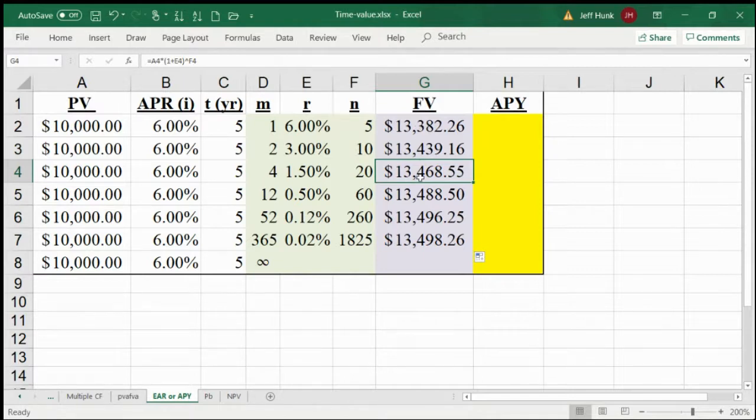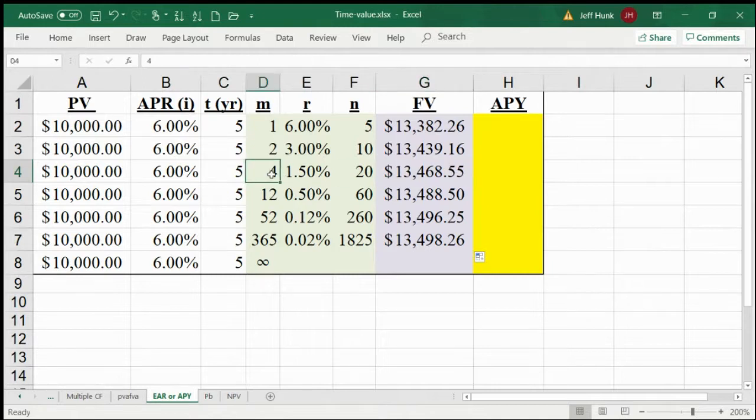So then your question is, if there is one single annual interest rate, right? That would give us the same future value, right?